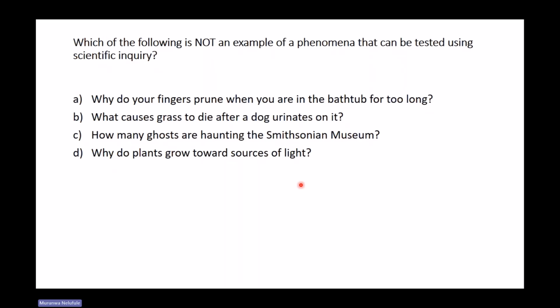Which of these cannot be tested in scientific inquiry? So the answer in the chat box is C. Thank you so much. Yes, and that is the answer. I think all of us can agree with that. We mentioned that supernatural phenomena such as ghosts and spirits are not testable scientifically because these are supernatural claims that are not testable through variable observations.